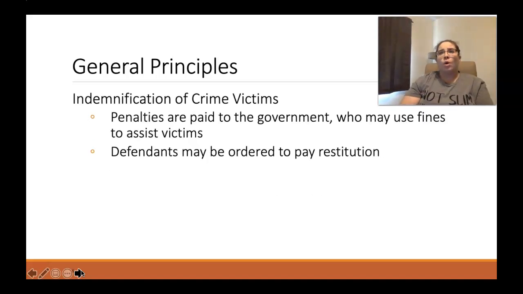Now, as I mentioned, I think in one of our prior lectures, when I appear as a prosecutor, I don't appear for Jane Doe. I am appearing for the state of California. So when somebody is placed on probation or is sentenced to some sort of secured custody time, any fines or fees that they pay as a result of that grant of probation or going to jail, those penalties are actually paid to the government.